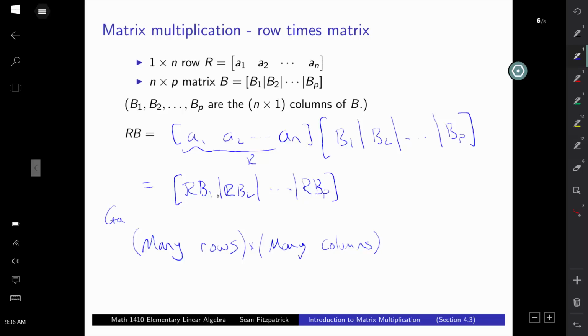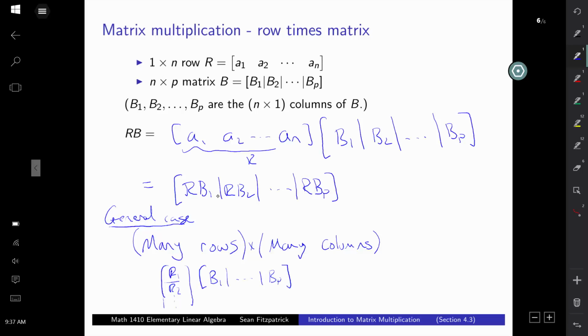So the general case would be: you think of your matrix on the left as a collection of rows, row 1, row 2, and so on. You think of your matrix on the right as a collection of columns, B1 down to BP.